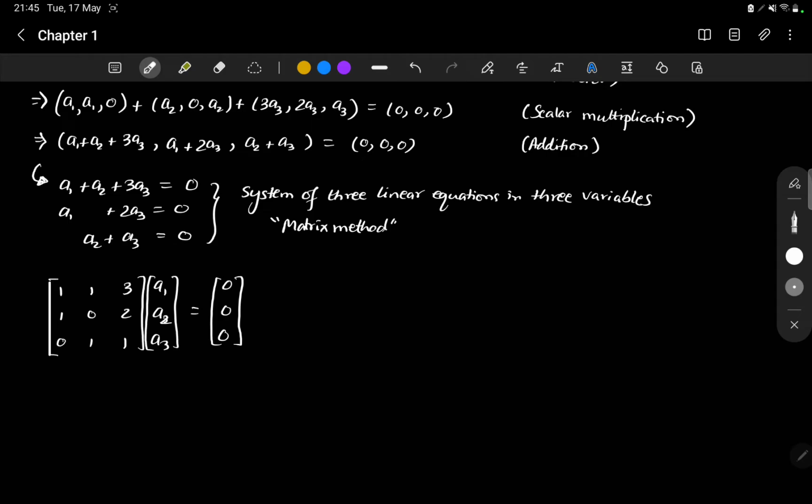First we will write it in the augmented matrix format, in which we will not write the variable column vector, just the coefficients and the 0 column matrix.